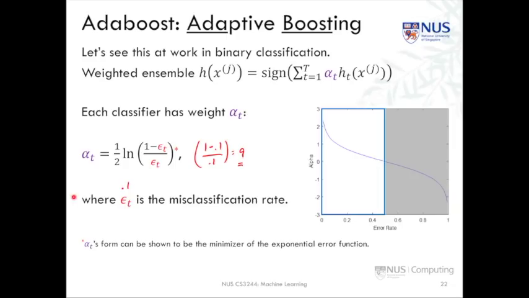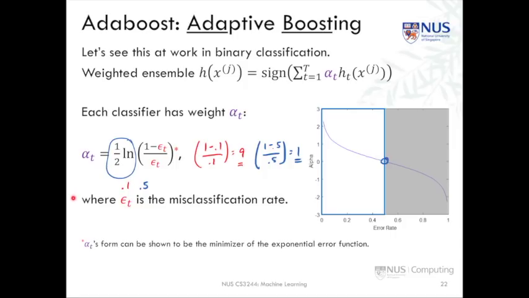Let's now investigate the case where the misclassification rate is 50%, meaning it doesn't help at all. In this case, we have 1 minus 0.5 over 0.5, and that's going to equal 1. It's a much lower rate, and after we've taken the logarithm, it will be equal to 0 weight.